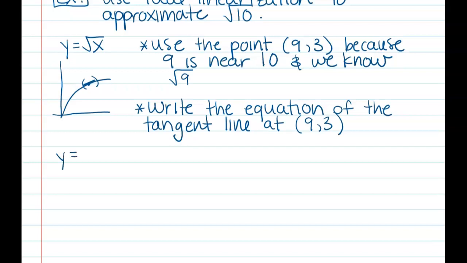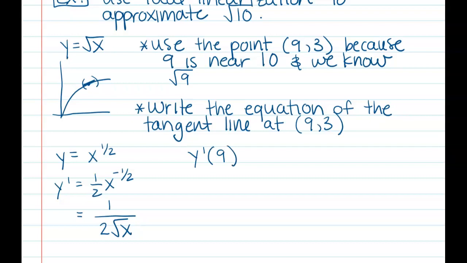Since y equals square root of x, or x to the 1/2, y prime is 1/2 x to the negative 1/2, which is the same as 1/2 square root of x. Since that's true, then y prime of 9 is 1/2 times the square root of 9, which is 1/2 times 3, which is 1/6.